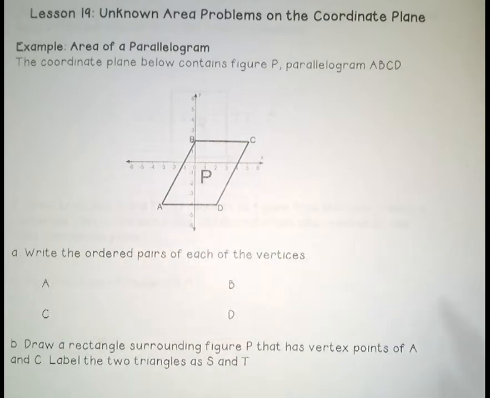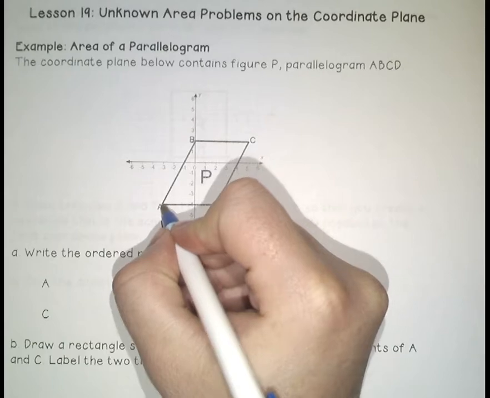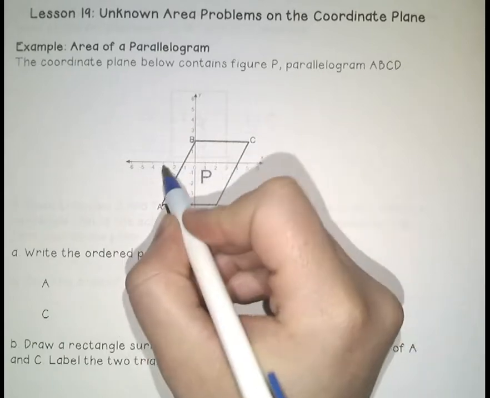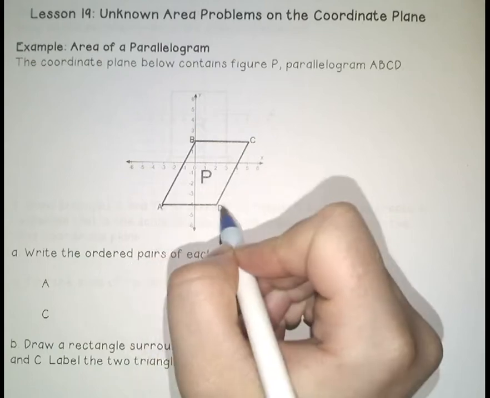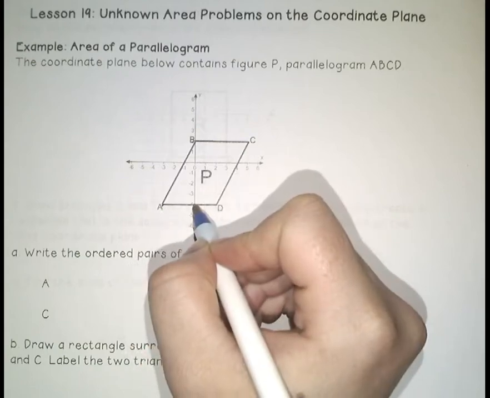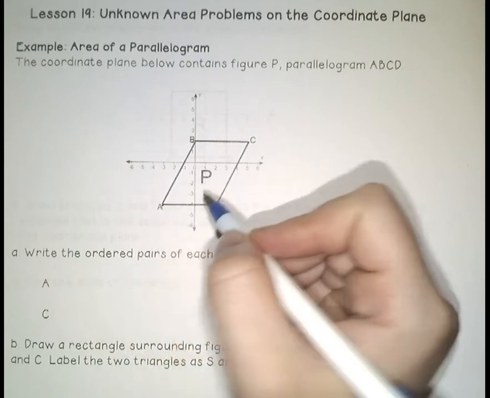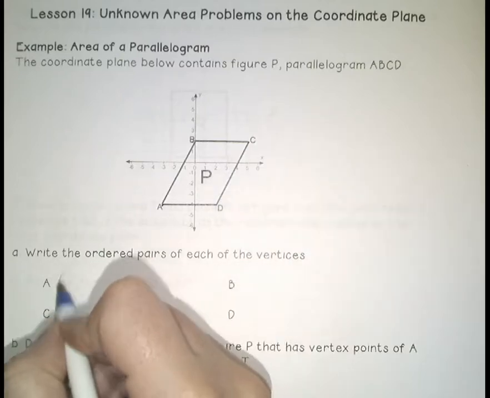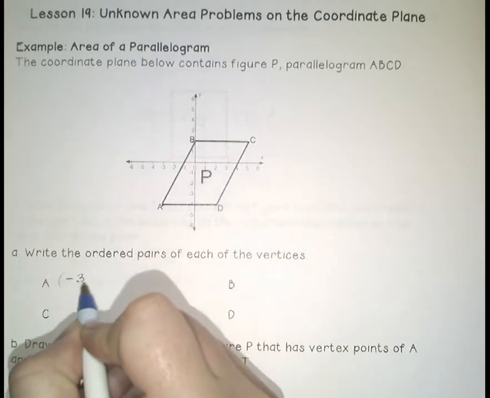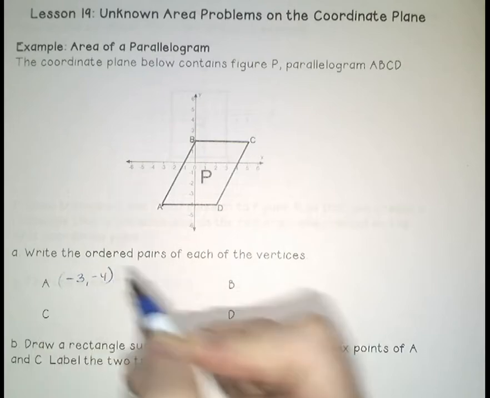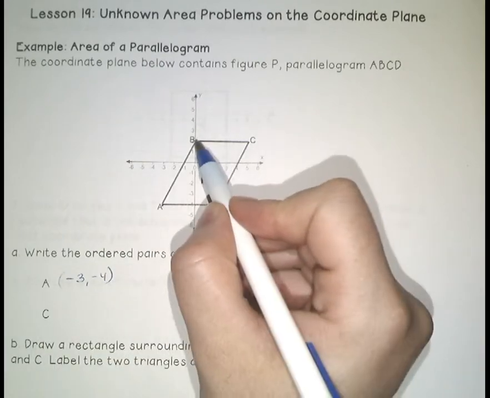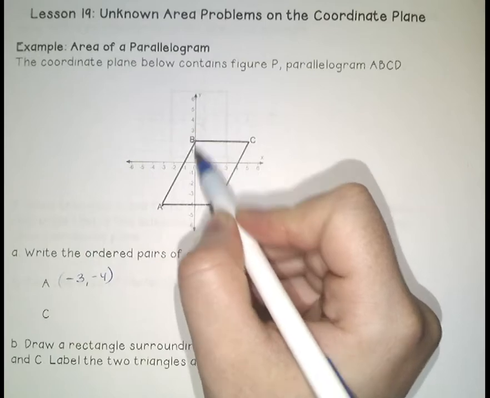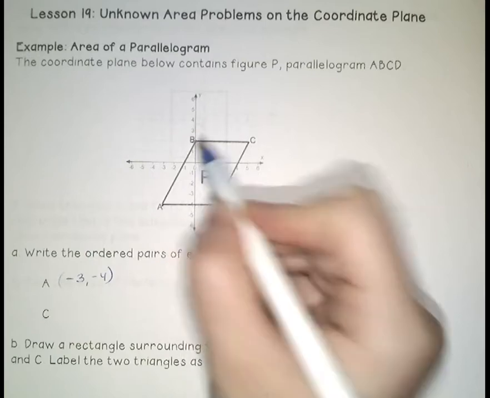Vertex A is positioned at x is -3 and y-axis -4. So the ordered pair will look like (-3, -4). Vertex B is on x-axis 0, on y-axis 2.